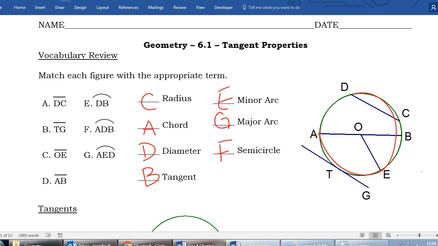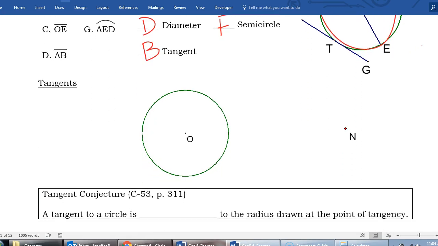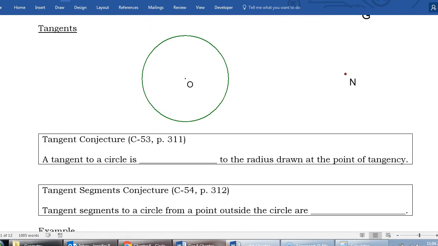So, now that we have our vocabulary reviewed, let's talk about tangents. A tangent was a segment that goes outside the circle, touches a circle at exactly 1 point. I'm going to start by drawing a tangent and the radius that hits the circle at that point of tangency.